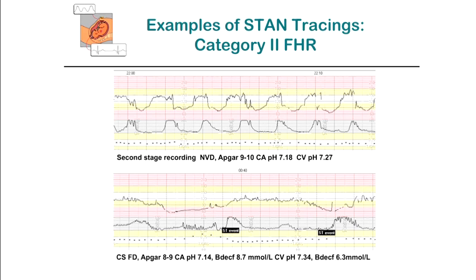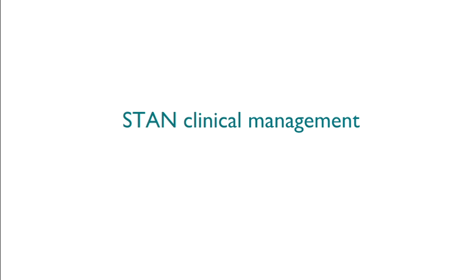And the only way to answer this question is through a randomized study where these patients would be randomized to using the ST segment analysis versus not using the ST segment analysis. Okay, so now that I showed you these examples, what is the current status of STAN analysis in clinical practice?